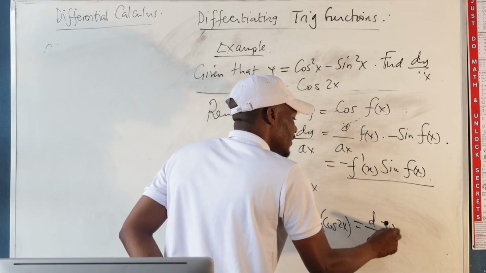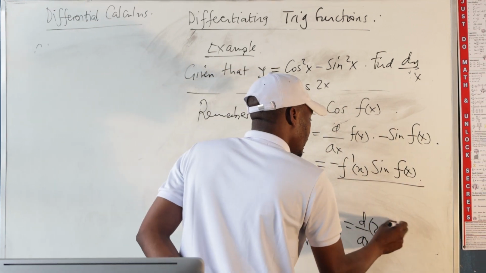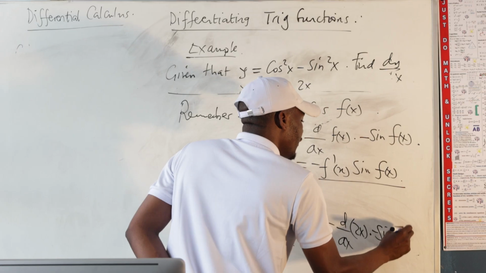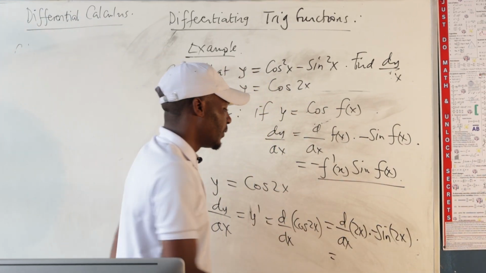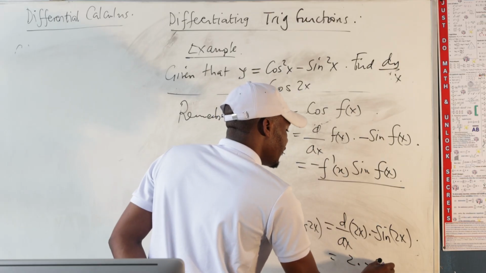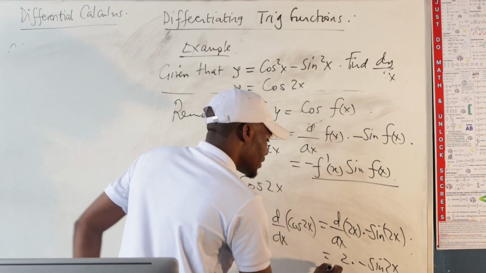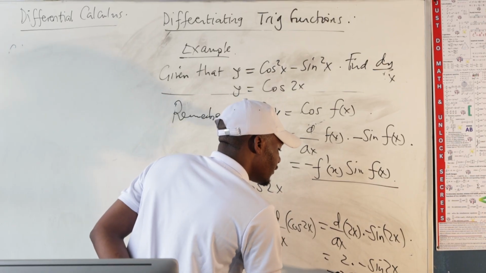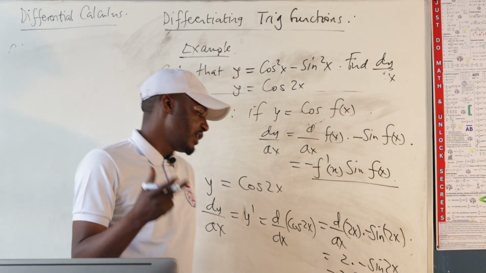So here we have to find the derivative of 2x. Once we get the derivative of 2x, we multiply by negative sine of 2x straight away. The derivative of 2x is 2. Then we multiply by negative sine of 2x. Remember, 2 times minus sine 2x, we end up with negative 2 sine 2x. So yes, that will be our solution.